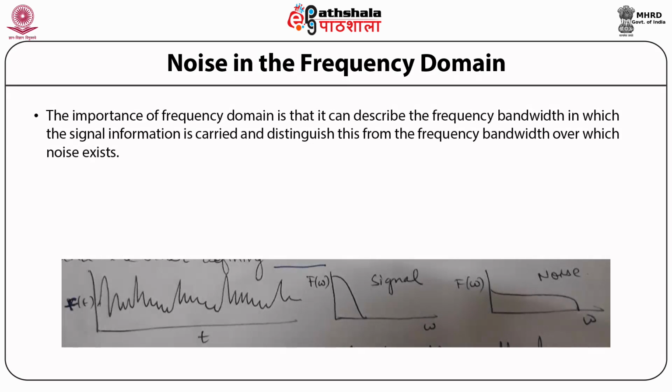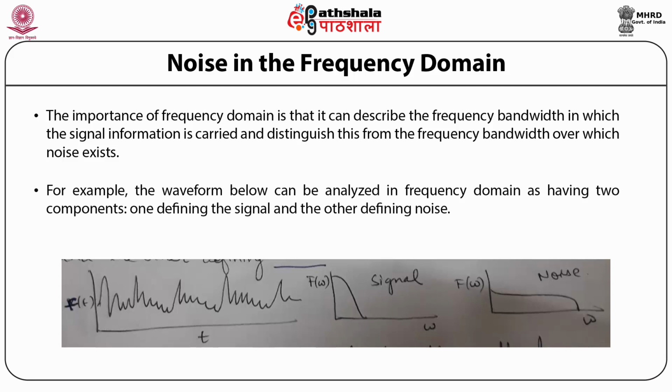The importance of the frequency domain is that it can describe the frequency bandwidth in which the signal information is carried and distinguish this from the frequency bandwidth over which the noise exists.